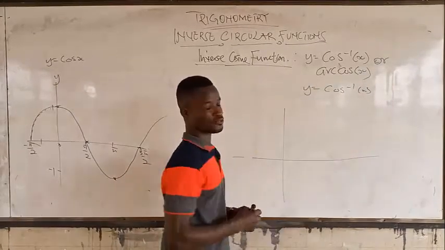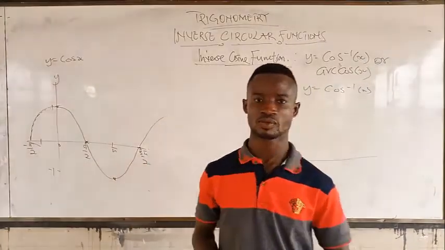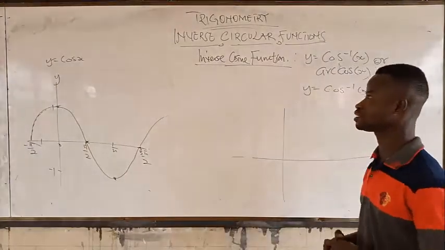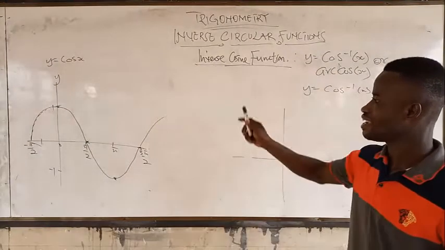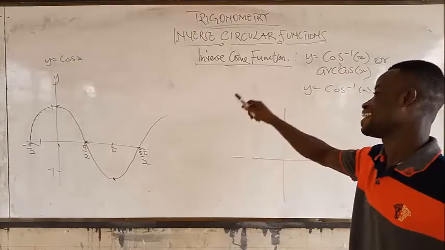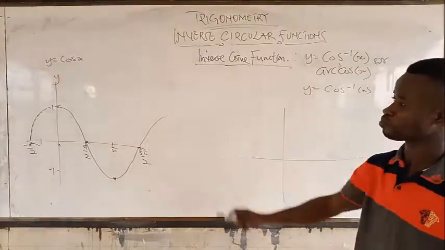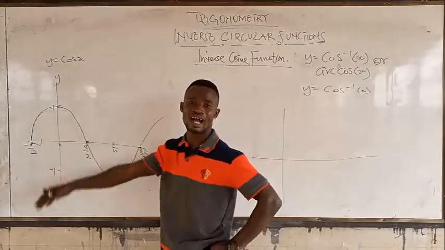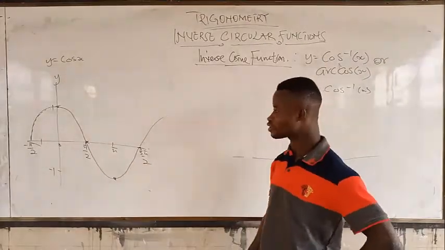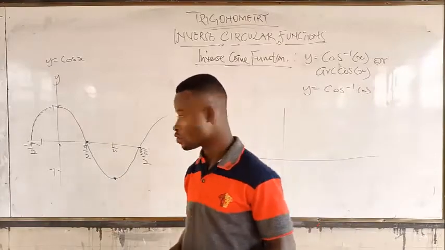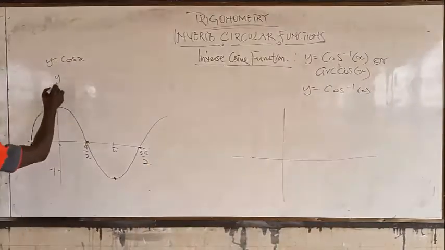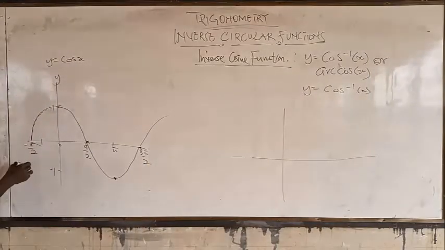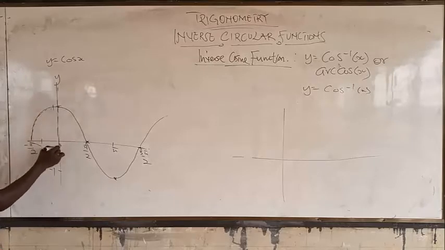Still the same thing. For a function to have an inverse, it must be a one-to-one function, that is, not more than one output for an input. So for it to be one-to-one, we need to restrict it. Restricting it here will still not be one-to-one, so we restrict it here.